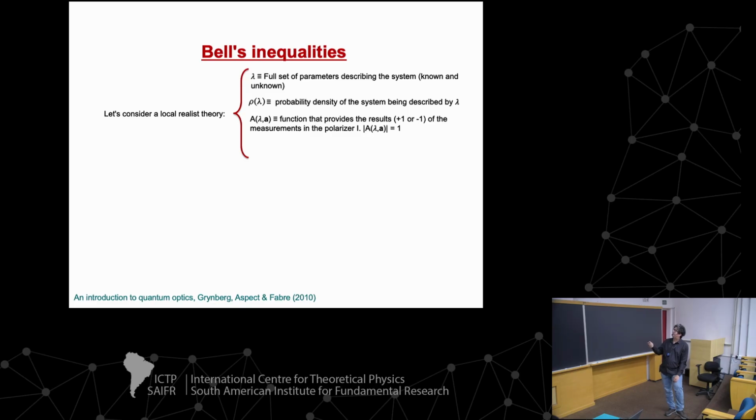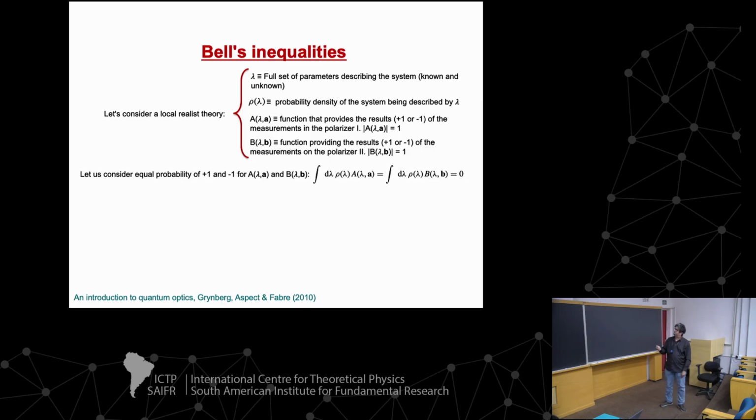Now I write this function A(lambda, A) here. This function just provides the result +1 or -1 of the measurement in one of the polarizers. This number can only be +1 or -1, so the modulus is always 1. It's a function of lambda, so it depends on the set of parameters, and depends on the position A of the polarizer. The same goes for B(lambda, B).